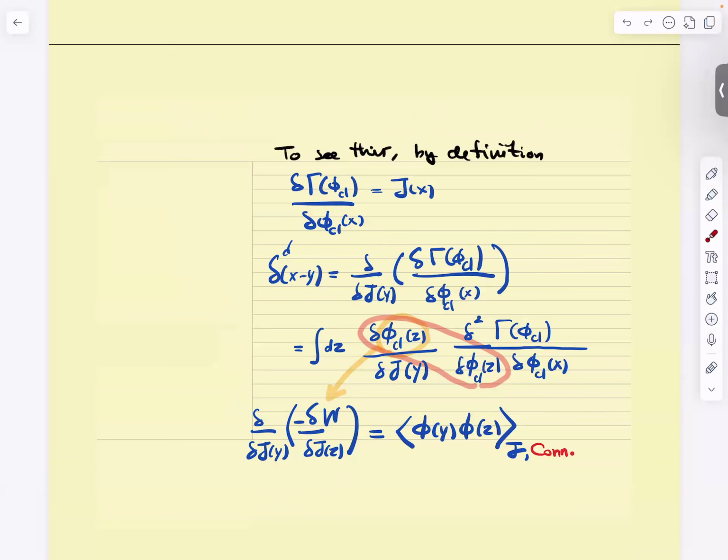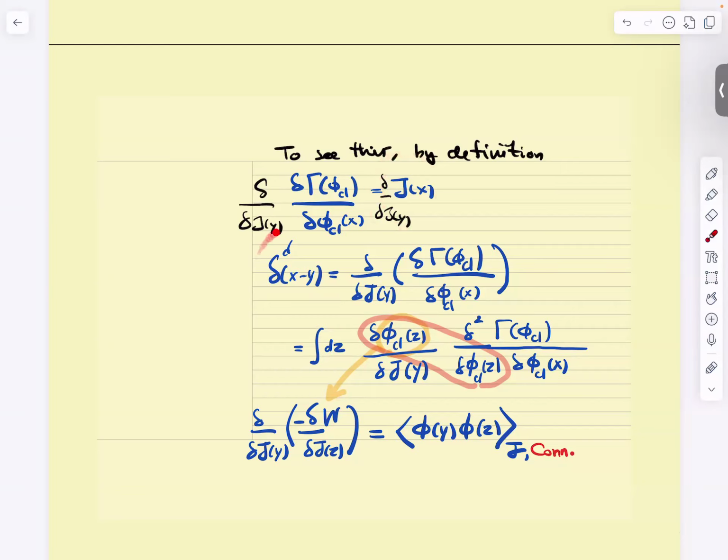So how do we see a connection between 1PI diagrams and effective action? We first start this way. We just had this equation, right? That was the defining equation of effective action. Then what you say is that I'm going to take the functional derivative of the left side and the right side with respect to J mu. Good.